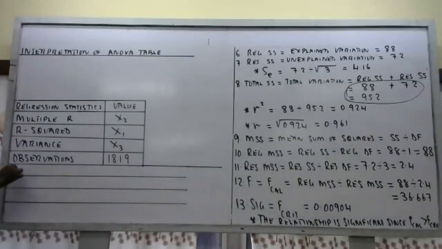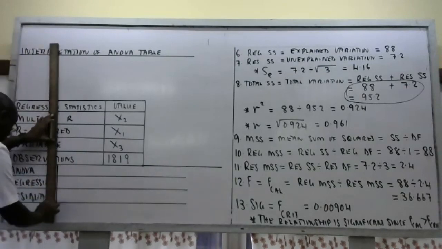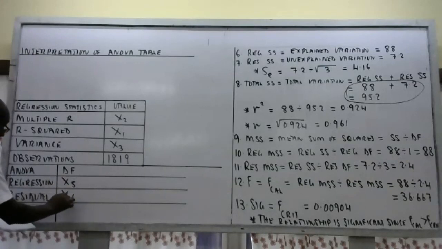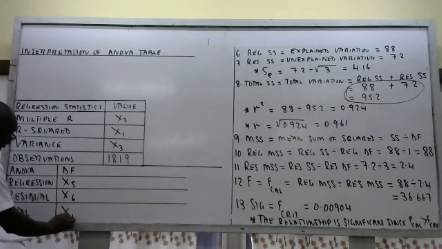Then hapa inaitwa ANOVA. So ANOVA we have regression, we have residual, and we have total. So what DF we have: X5, X6, and X4.